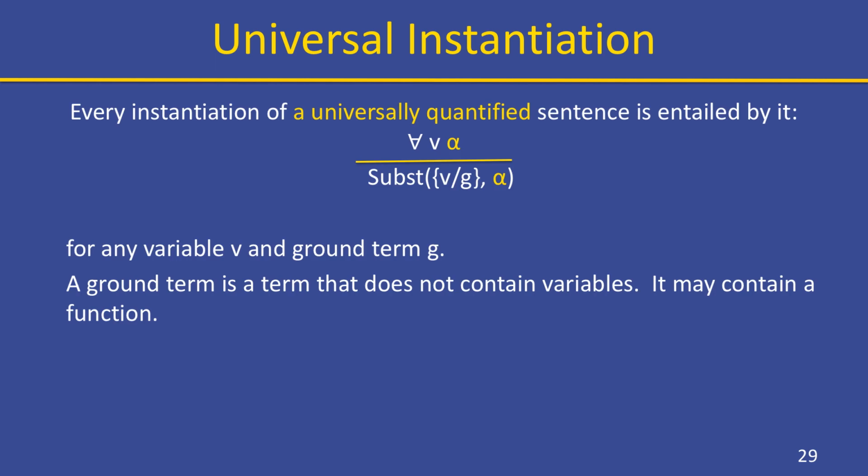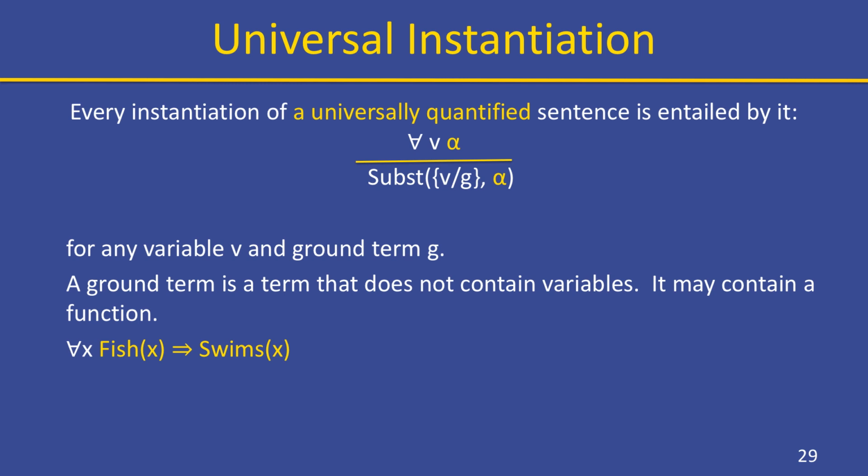So this is how we write that universal instantiation rule. The sentence for all v alpha entails the sentence that we obtain by substituting v with a ground term g in alpha. Consider the universally quantified sentence for all x, fish x implies swims x.